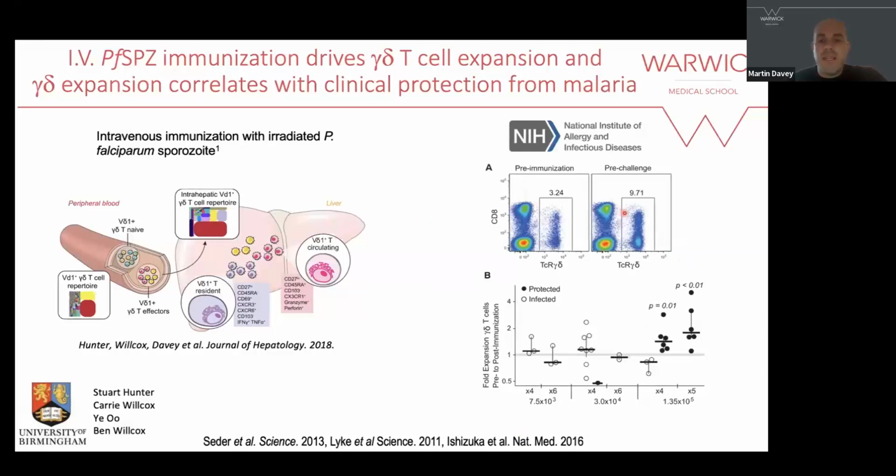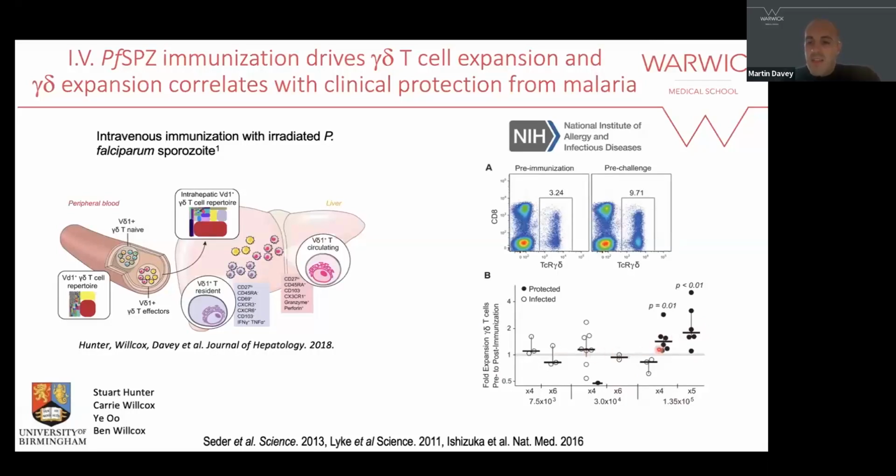And then there was a study several years ago by some of our now collaborators using an intravenous injection of attenuated Plasmodium falciparum sporozoites. So they would get to the liver, but then get no further. One of the key things they found in this study was that gamma delta T cell numbers correlated with protection, and it was one of the only cellular correlates of protection.